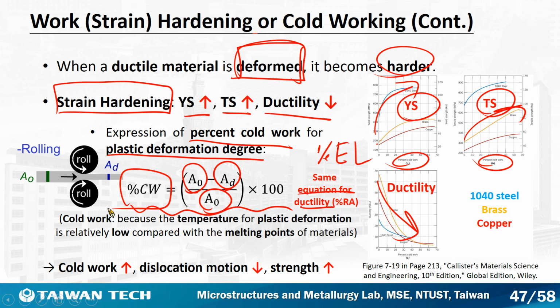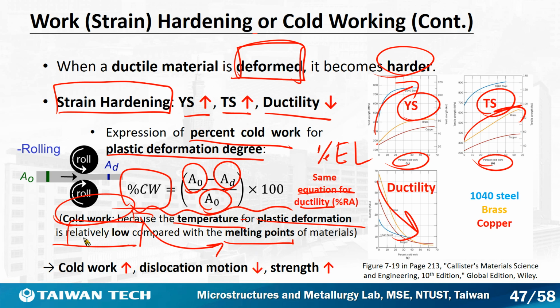And why we call it cold work is because the temperature during plastic deformation is relatively low compared to the melting point. So cold work refers to the temperature being relatively low compared to the melting point.